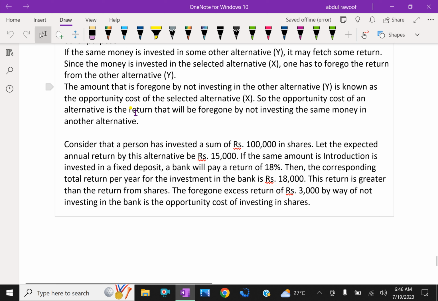Since the money is invested in the selected alternative X, one has to forgo the return from the other alternative Y. The amount that is forgone by not investing in the other alternative Y is known as the opportunity cost of the selected alternative.